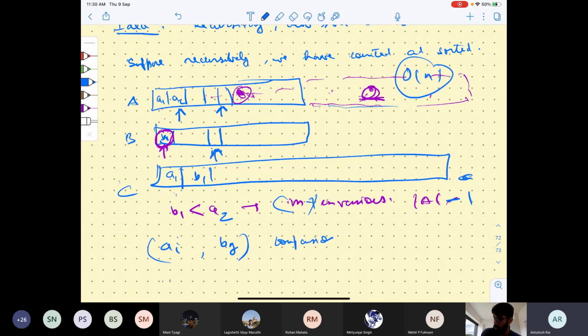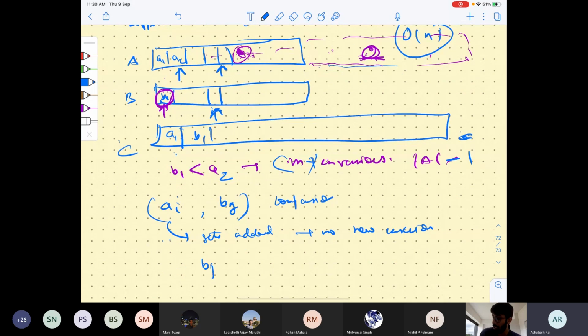If Ai gets added, no new inversions. And if Bj gets added, how many inversions? M minus i, or size of A minus i. Suppose the indices are A1 to A subscript size of A, and B1 to B subscript size of B.